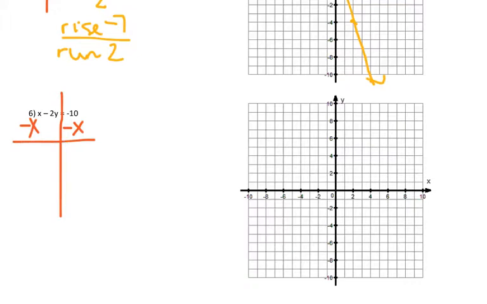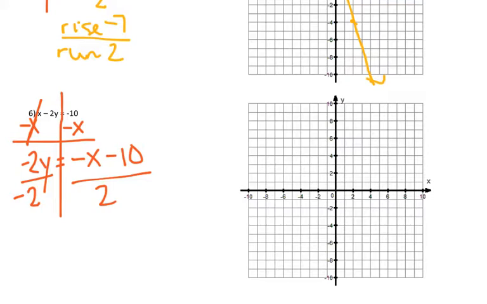So x minus x is 0. That means -2y drops down. And if I continue on the right-hand side, I like my x's to come first, so I have -x, and then I have a -10. The next step is to get y by itself by dividing by -2.